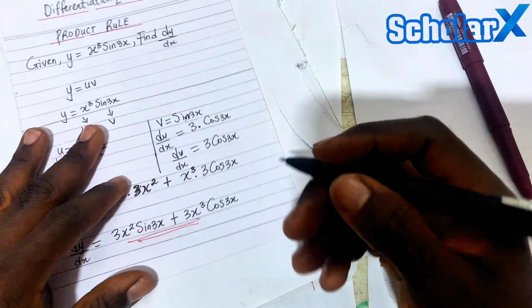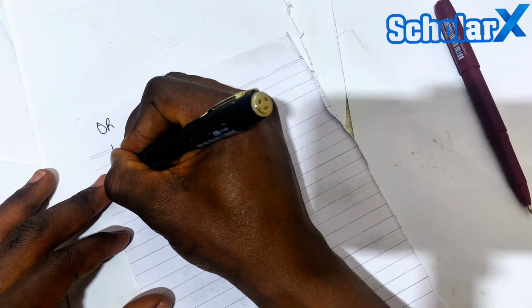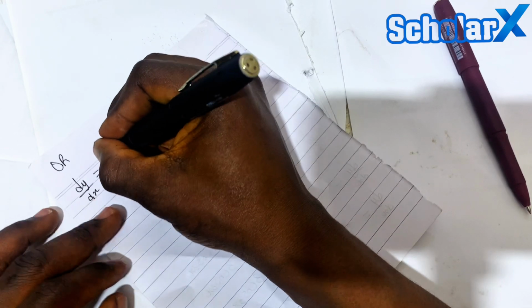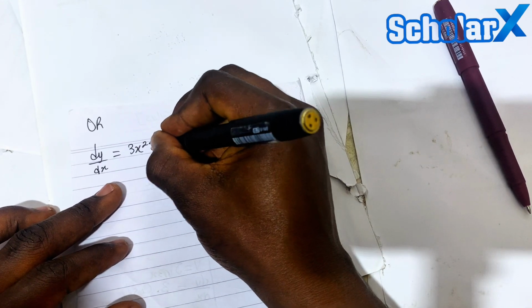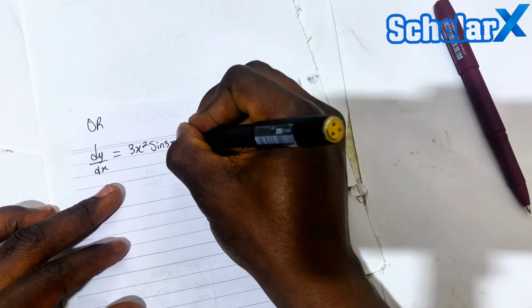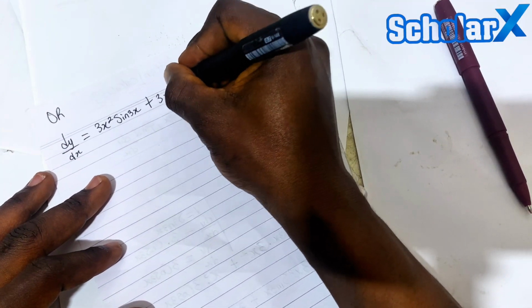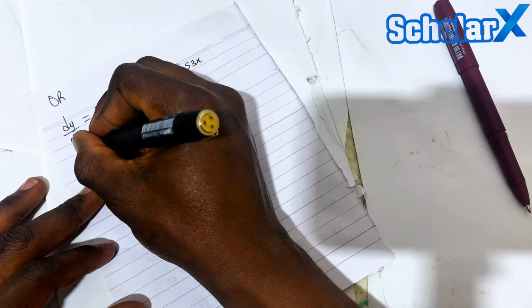We can also decide to factorize. Since dy/dx is 3x squared sine 3x plus 3x to the power of 3 cos 3x, I can decide to factorize this.